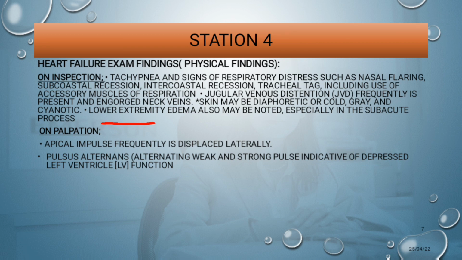Okay, that's the reason why you can find this sign. That's on palpation. Okay, so of course there are other things you can palpate for, since someone may have tachypnea, you can also palpate for chest movements, but otherwise, since this is more a specific heart failure examination, then it's fine. You can even end there on palpation.